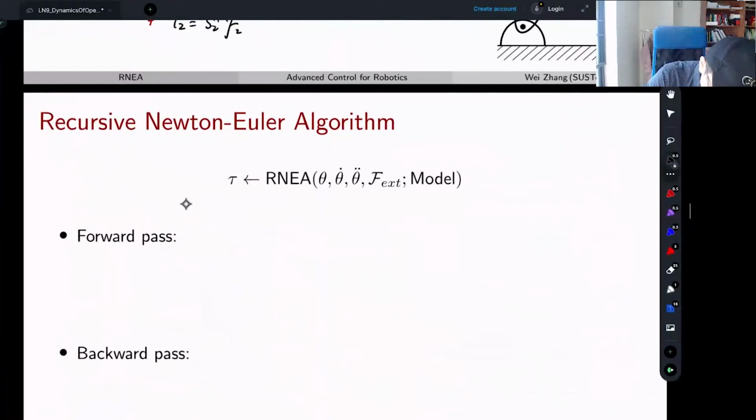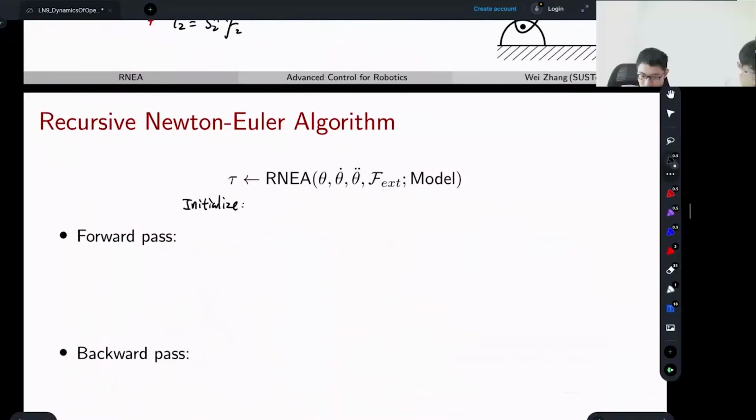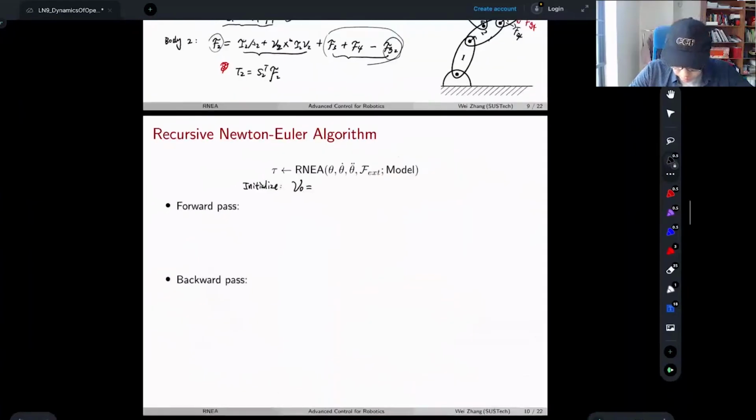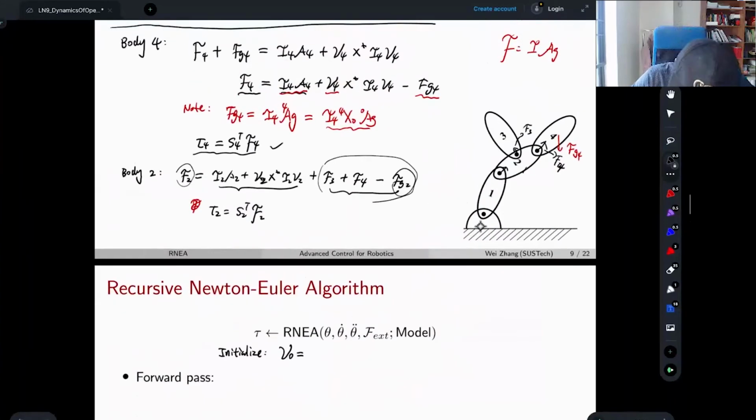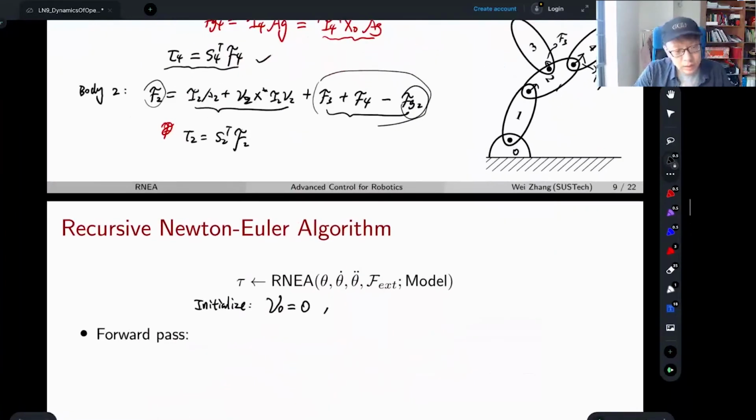Let's first initialize. There's a trick, by the way. This is my body 0, suppose. It doesn't move, right? So its velocity is 0. It's fixed to the environment. But acceleration wise, oftentimes you have a trick: A0 equal to negative AG.